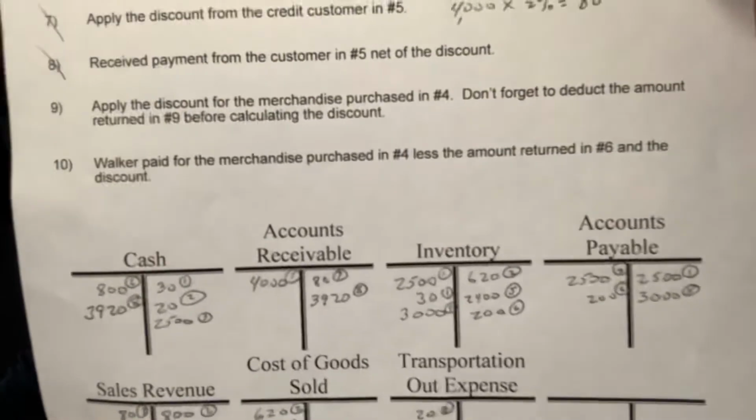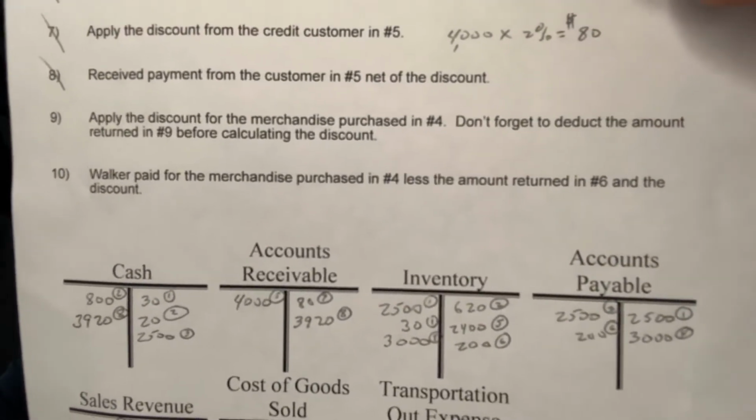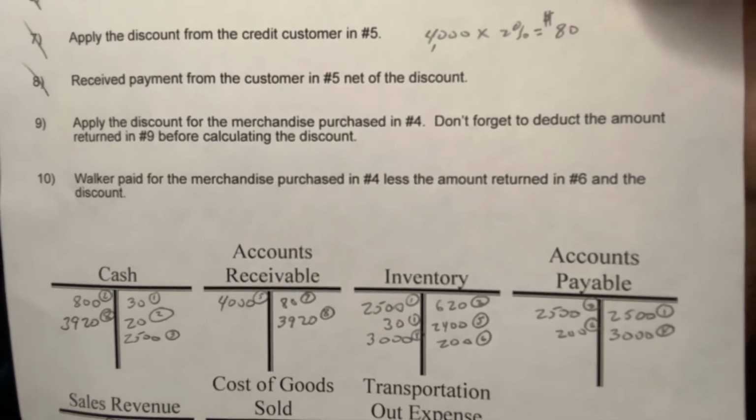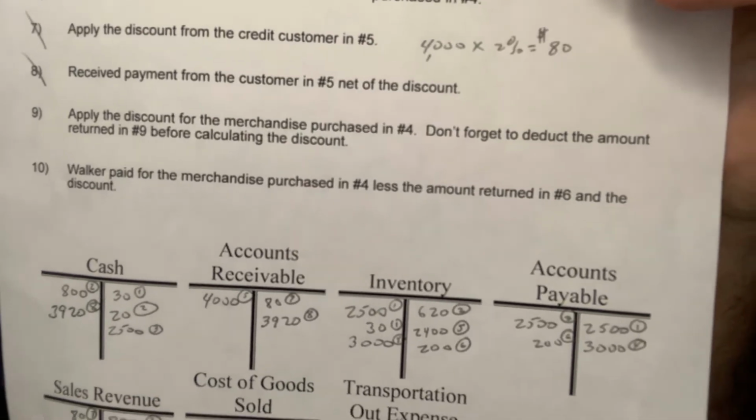Let's take a look at the last 2 here. Number 9 says, apply the discount for the merchandise purchased in 4. Don't forget to deduct the amount returned in number 6 before calculating the discount. Well, let's think about this. In number 4, Walker purchased, we're Walker again, right? We were the buyer.